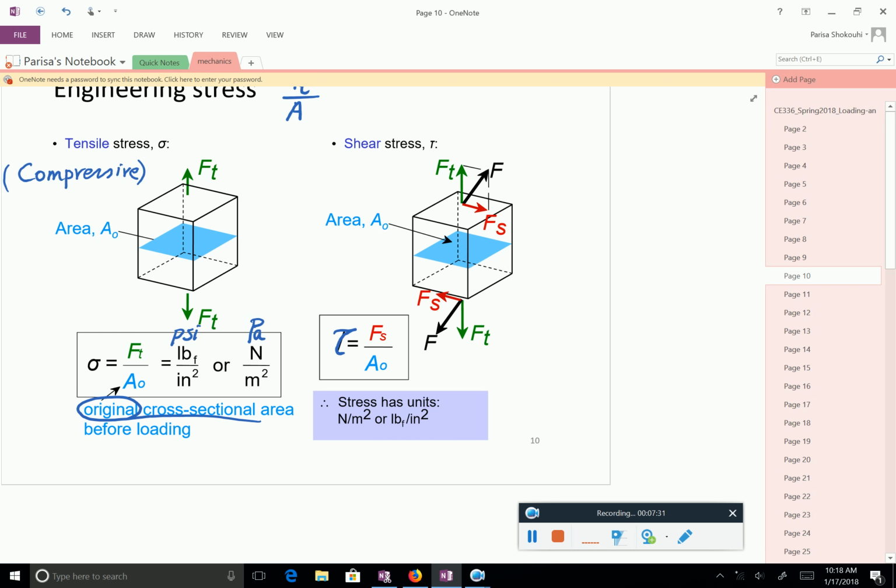Shear stress is parallel. So we may want to note that this is normal stress, and here we have shear stress. How about the units? The same. A stress is a stress, it has the same unit: force divided by area. Questions so far?